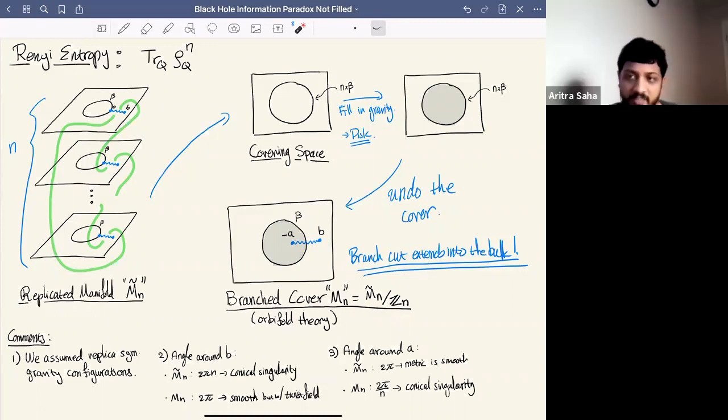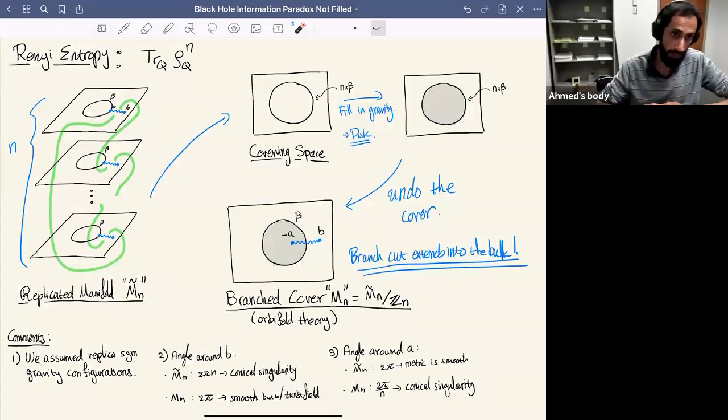So is that something that will come out of the derivation? Or you assume it and then you justify it later? I'm not going to justify it in this talk, but there are other works that show that these higher genus surfaces are simply not saddles.